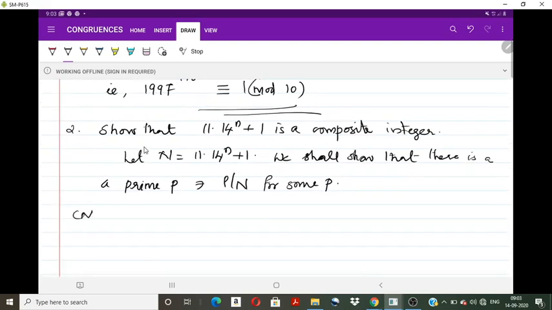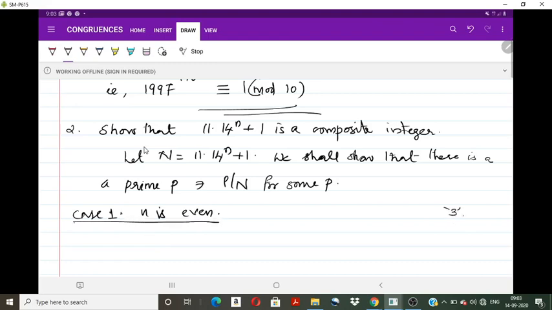So we consider two cases. Case 1, n is even. We consider the prime 3.